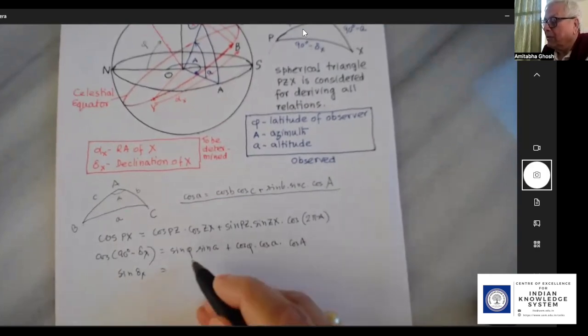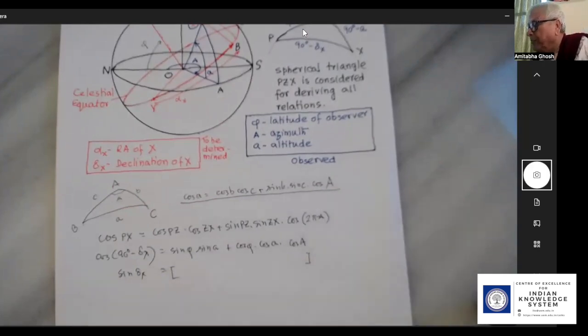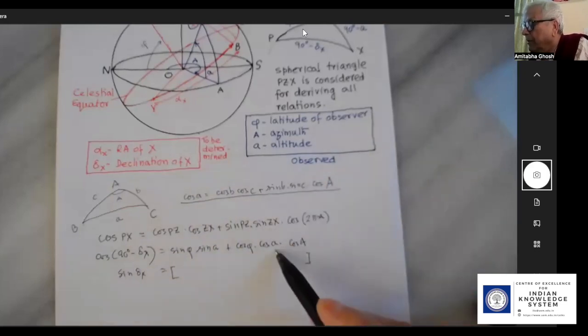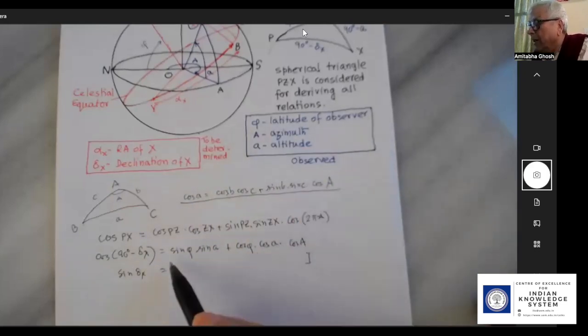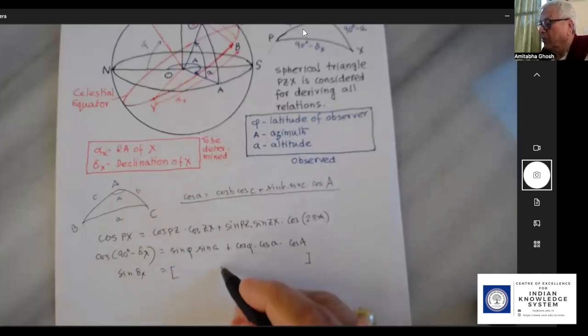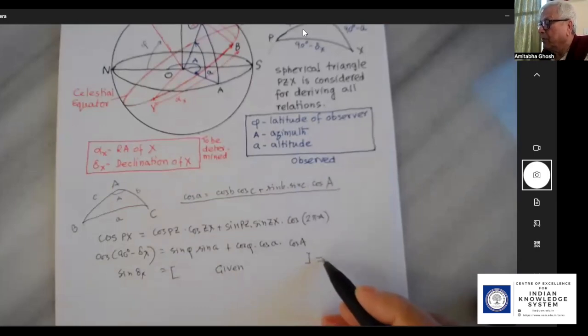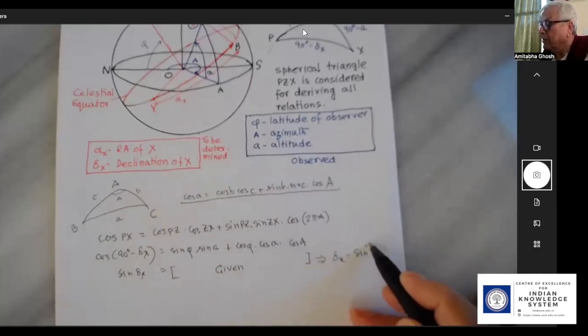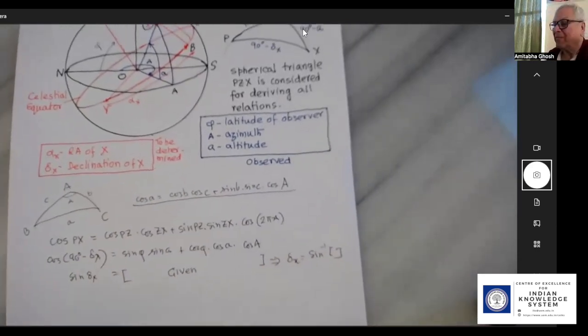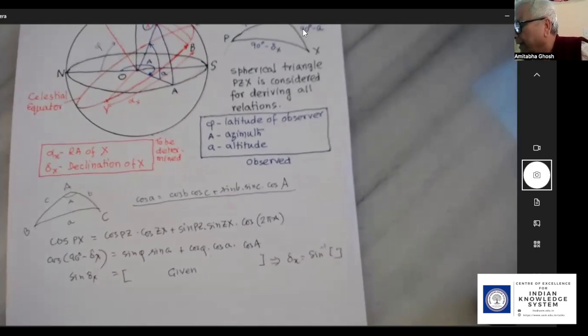Sine delta x is equal to this. So when A is given, altitude is given, latitude is given, so right hand side is completely known. So if this is known or given or can be calculated, that gives you delta x, which is equal to sine inverse. So therefore you get delta x.